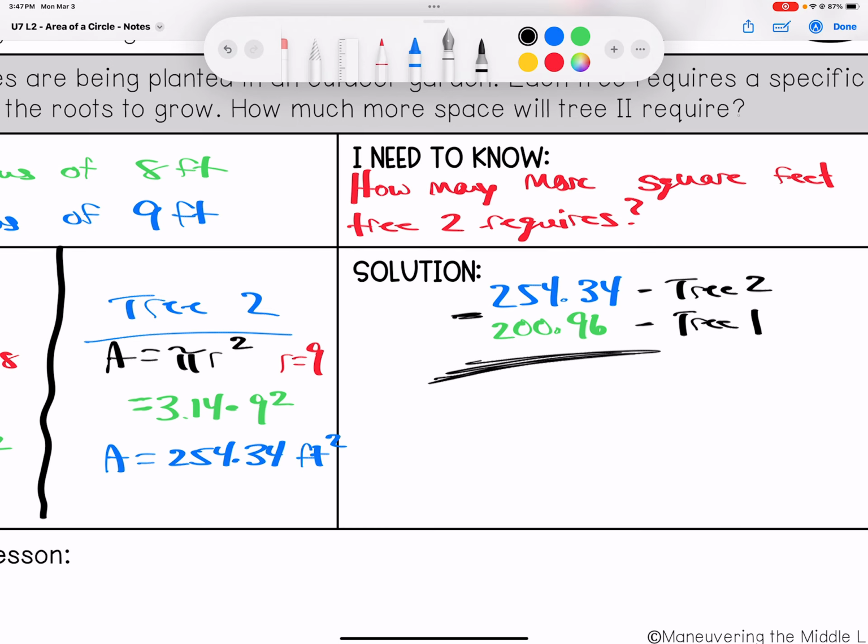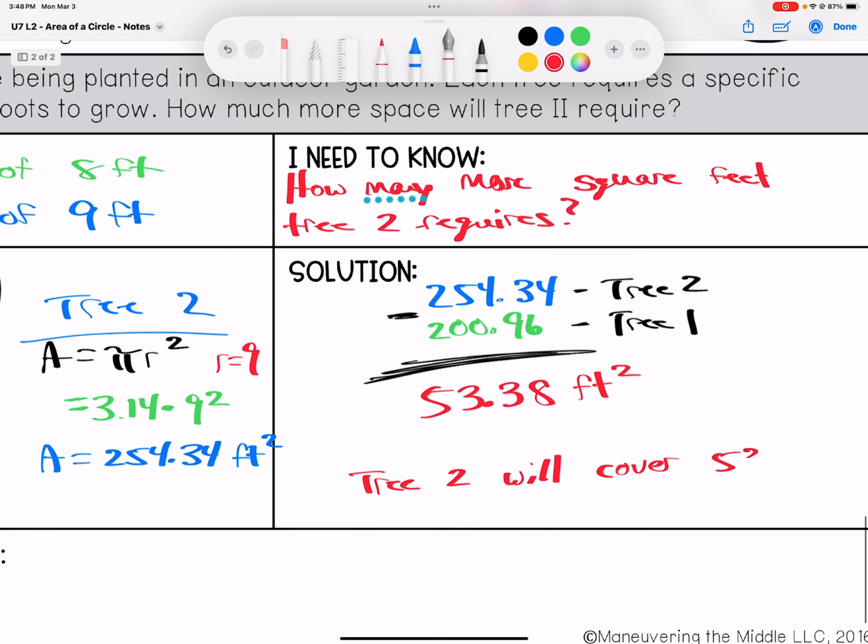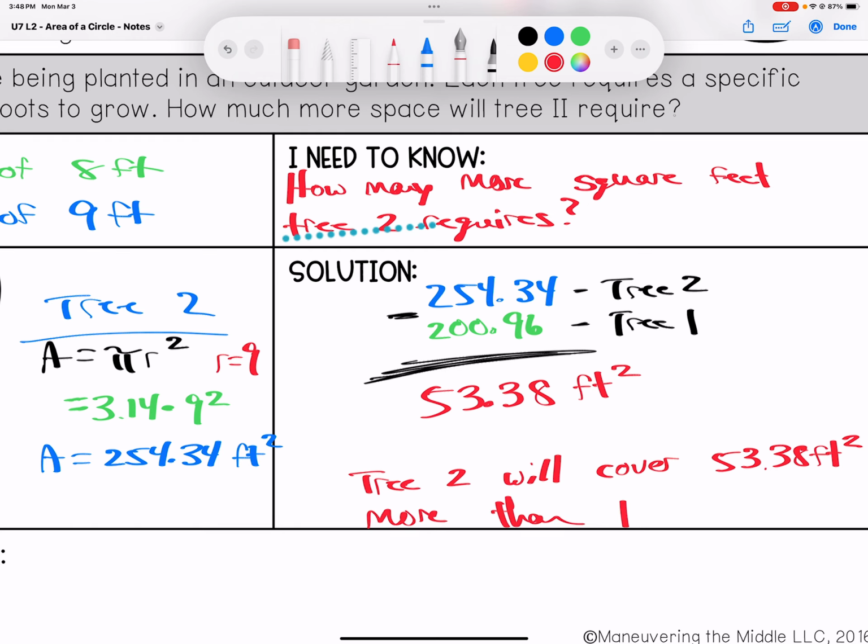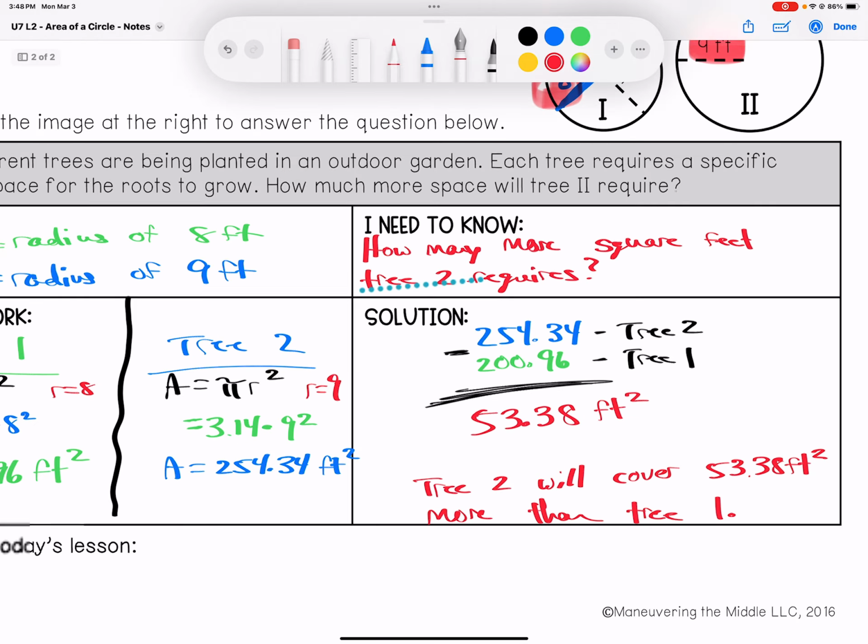Subtract them, and you're going to get 53.38 feet squared. So the answer is tree 2 will cover 53.38 feet squared more than tree 1.